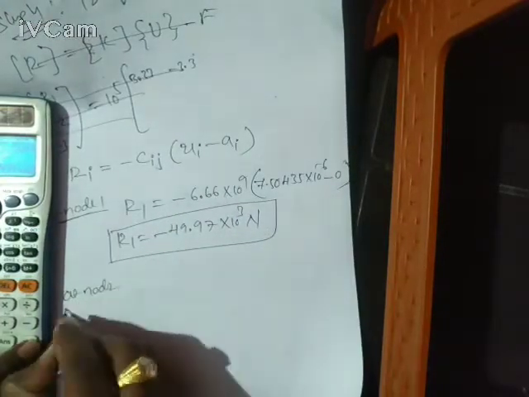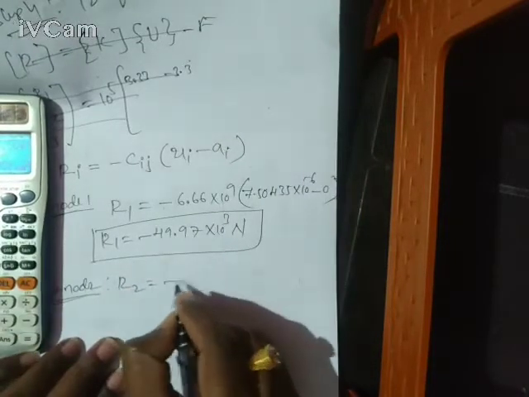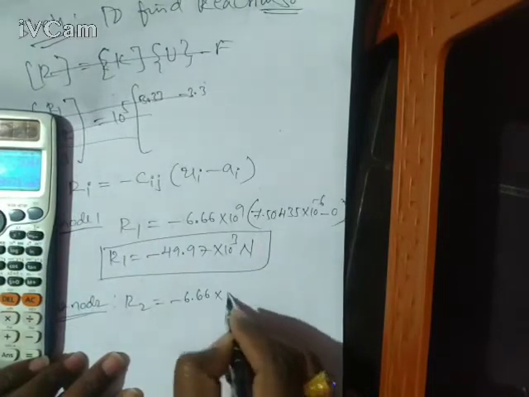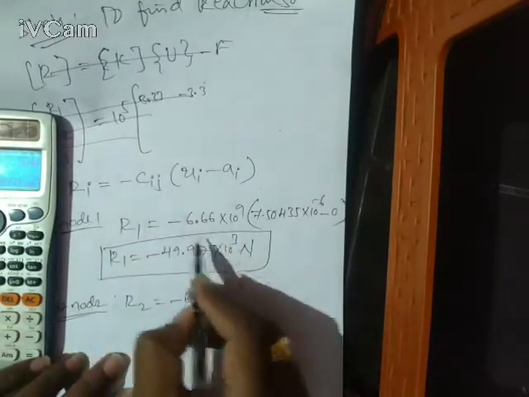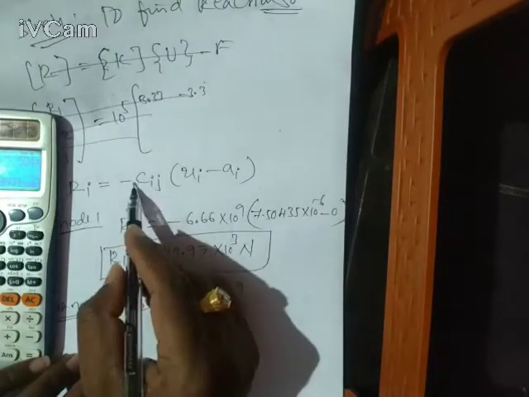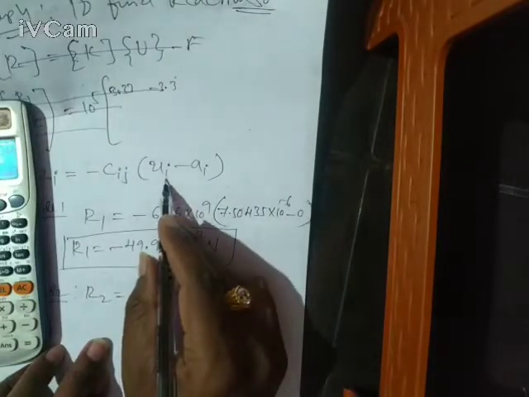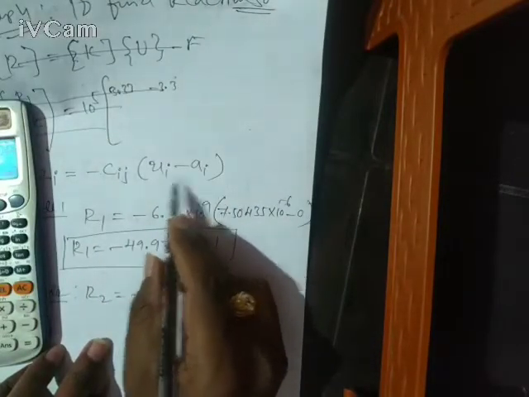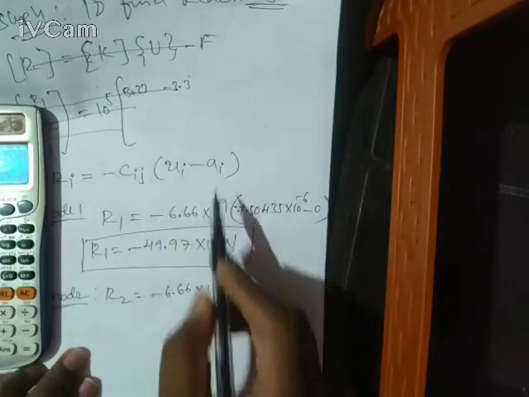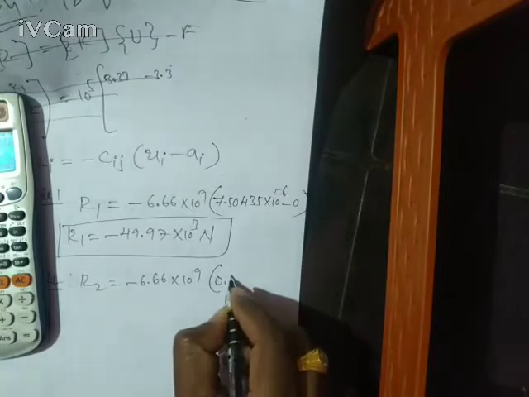R2 will be, again, Cij means minus 6.66 into 10 to the power 9. Cij is positive 6.66 into 10 to the power 9, but since it is minus, I am taking it that way. So Ui is u2 minus a2. For R2 it will be u2 minus a2, for R1 it will be u1 minus a1.